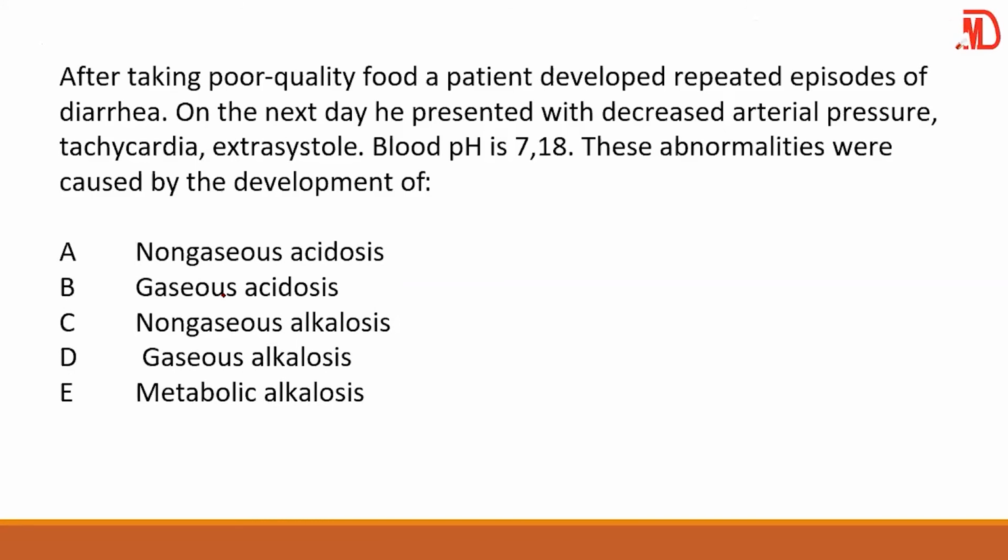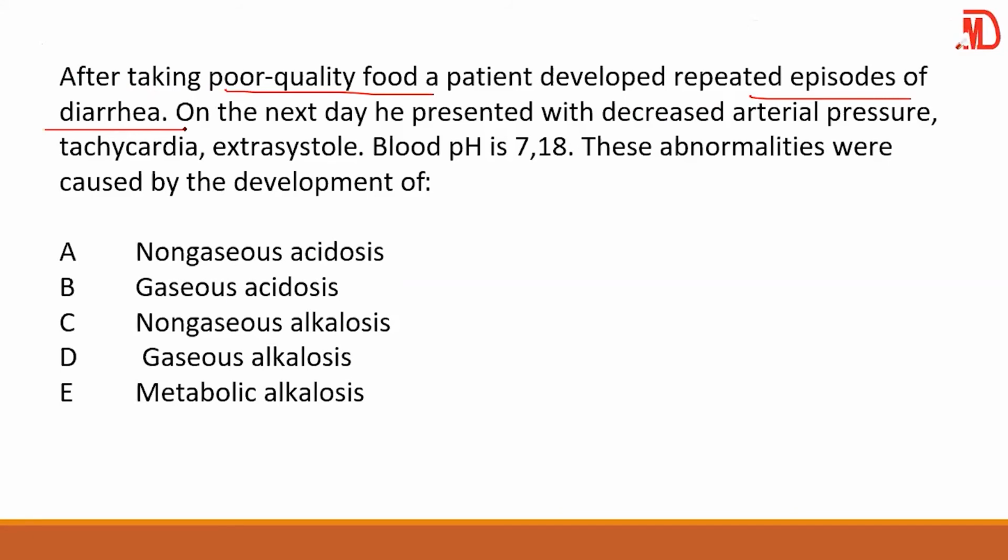Again, I'm seeing a question on alkalosis and acidosis, and my students can never get this kind of question wrong. If you see this question, it's a bonus question. After taking poor quality food, a patient developed repeated episodes of diarrhea. Guys, diarrhea. So what kind of acid balance are you thinking about? Acidosis.